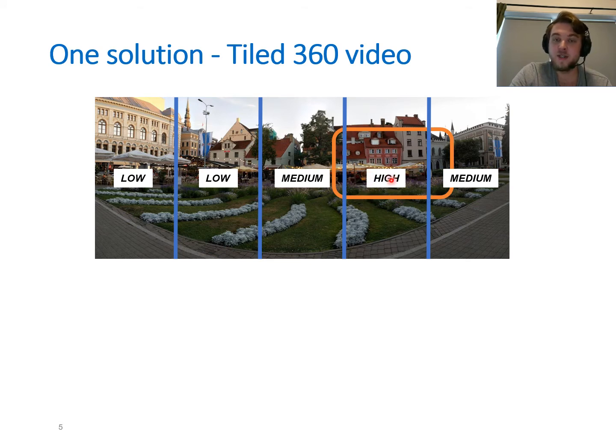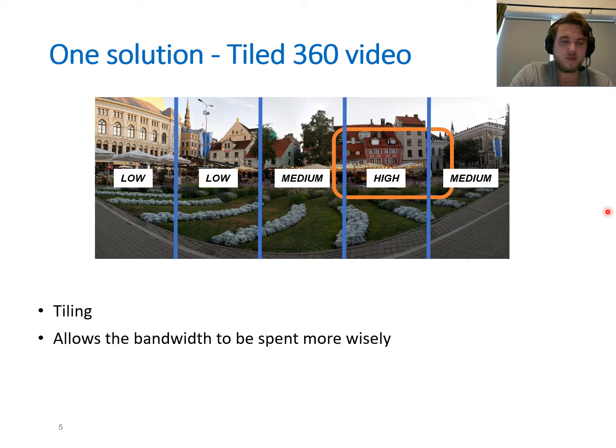For example, here you'd have the one that's right below the viewport in high quality, the ones next to it in medium, and the ones outside in low quality. This allows the bandwidth to be spent more wisely, as you can put the bandwidth into the parts of the scene where the viewer is actually looking and not waste it on the other parts.